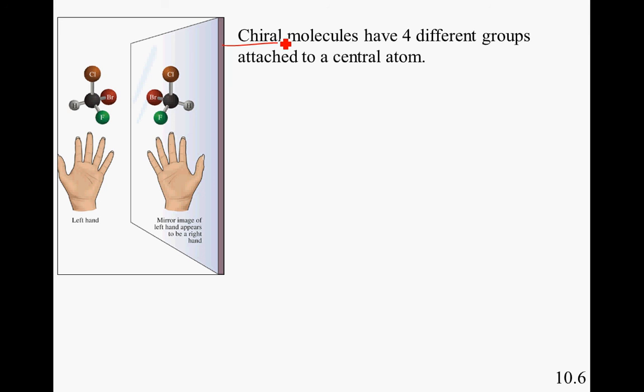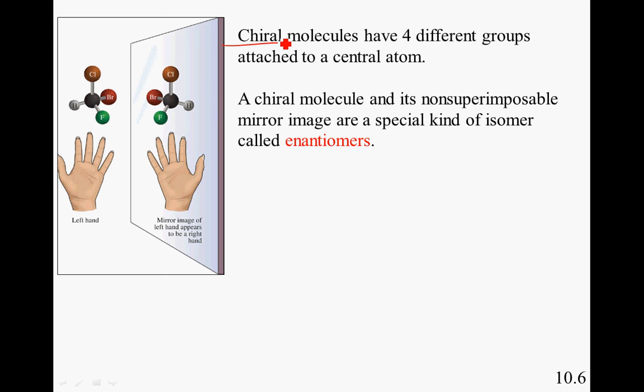Think of it as putting gloves on. You really can't put a form-fitting right-hand glove on your left hand. You also won't be very comfortable placing your left shoe on your right foot. This is similar to the chiral complex in the receptor site. Chiral molecules have 4 different groups attached to a central atom.